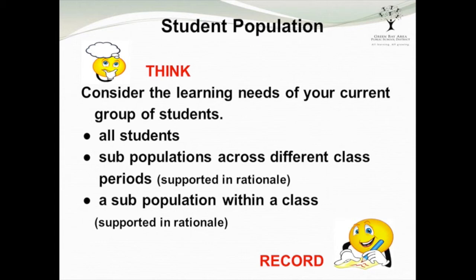Would you consider the whole group together, or perhaps subgroups of students, either within a class period or across multiple class periods? For example, I might think about the 6 lowest performing students in one of my classes, or I might consider my entire class of students. Take a minute and record what your current student learning needs are under the component on your white student learning objective template.